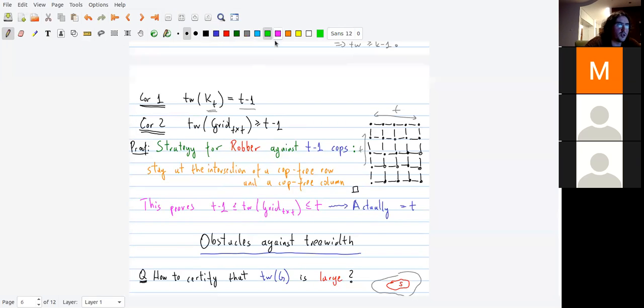I will give a strategy for the robber. If I'm having only t minus 1 cops and I have t rows and t columns, then there is always a row and a column that doesn't contain any cops, right? Because t minus 1 cops can occupy at most t minus 1 rows and t minus 1 columns.